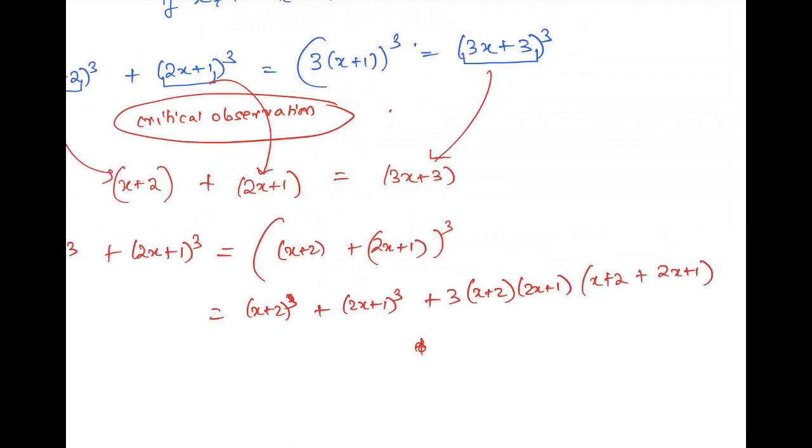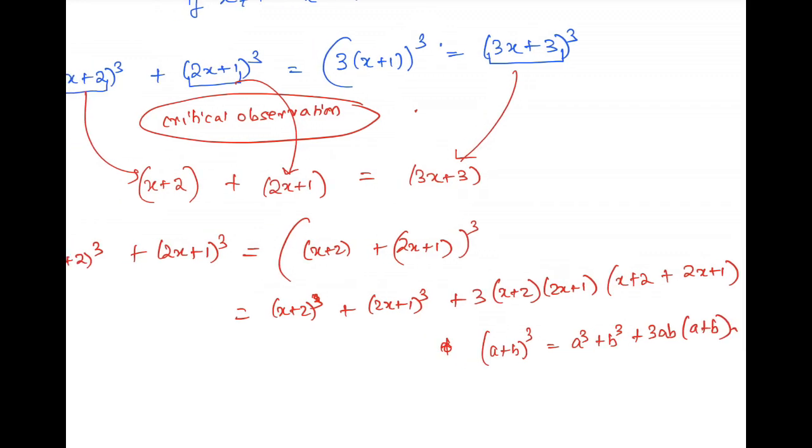So basically I used (a + b)³ equals a³ + b³ + 3ab(a + b), this formula. Okay, so now we can cancel off. Let's bring this part down, (x + 2)³ + (2x + 1)³.